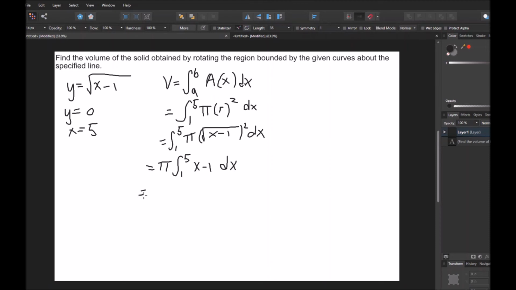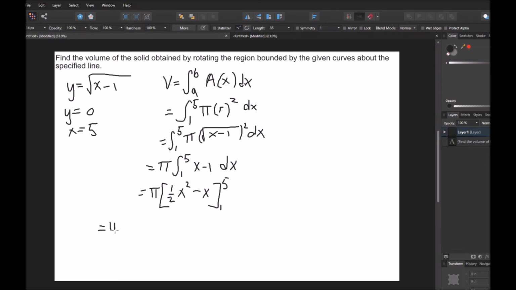Now when we go to evaluate this integral, I'm once again going to make close brackets. This x is going to become 1/2 x squared, because if we were to drop down this 2, it would become x, and 2 minus 1 is 1, so we'd be left with the x. And then this minus 1 is just going to become minus x on the interval of 1 to 5.